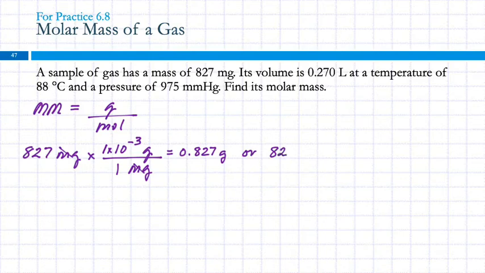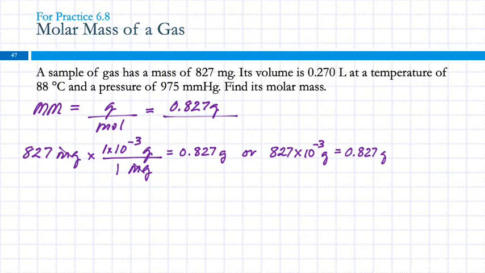So 827, and instead of milli, I'm going to write times 10 to the minus 3 grams, or in decimal notation, it's the same, 0.827 grams. So that's the mass of this sample.